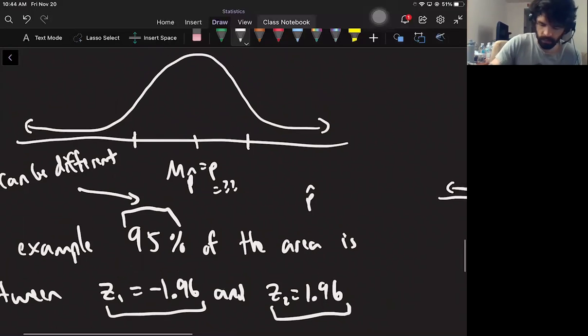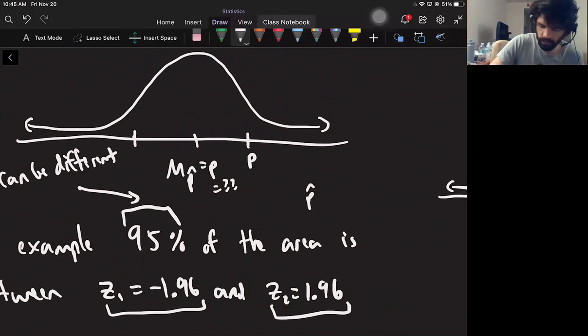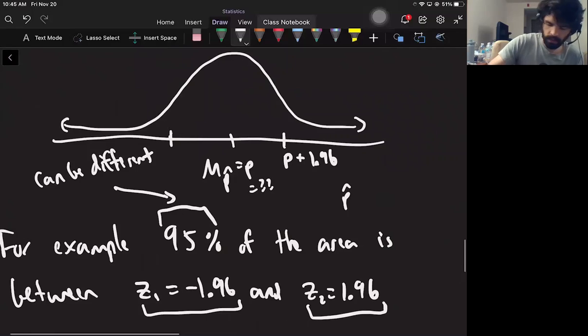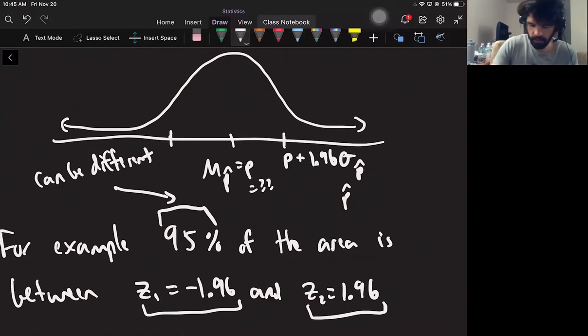Well, this is p, the mean, plus that many standard deviations, whatever your standard deviation is, which we don't know yet either. And this is p minus that many standard deviations. Because remember, z-scores are just amounts of standard deviations.